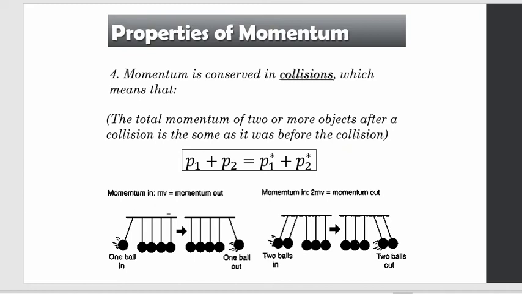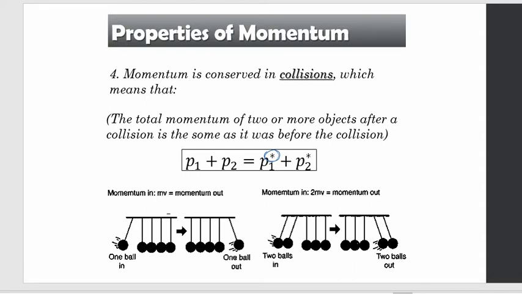And this can be summarized by this equation, which says that P1 stands for the momentum of the first object, plus the momentum of the second object, equal the two momenta after the collision. And this symbol, which is the asterisk, means that these momenta are after the collision.